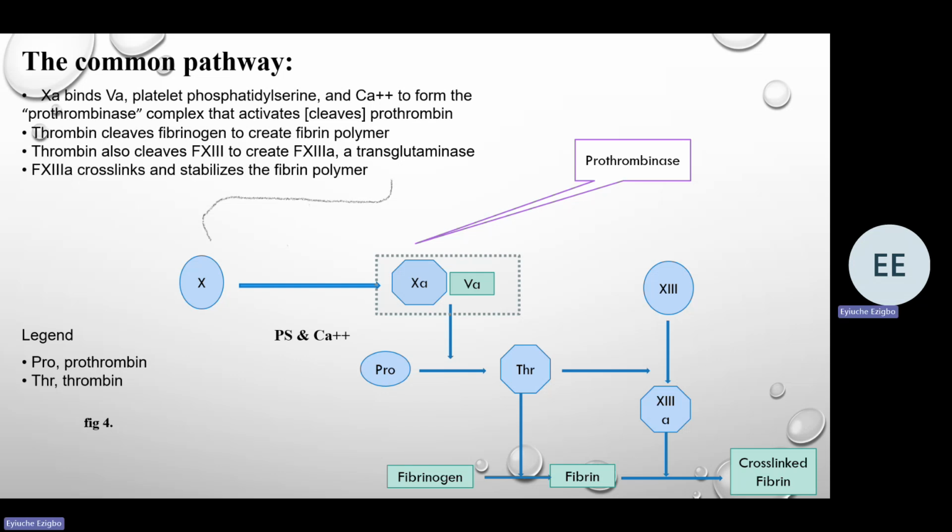Then the thrombin cleaves fibrinogen, forming fibrin. Thrombin also activates factor 13, forming the transglutaminase activated factor 13, which acts upon the fibrin and forms stabilized cross-linked fibrin, as you can see in the diagram on the common pathway.